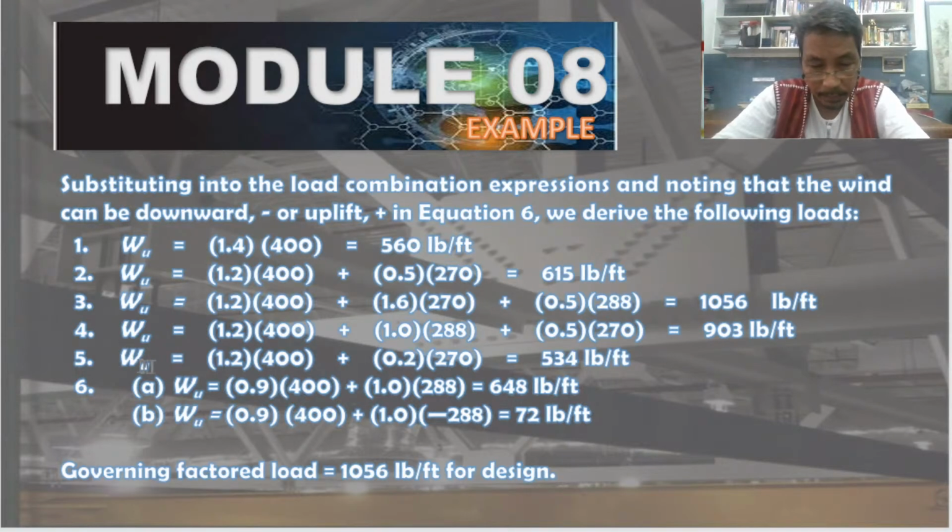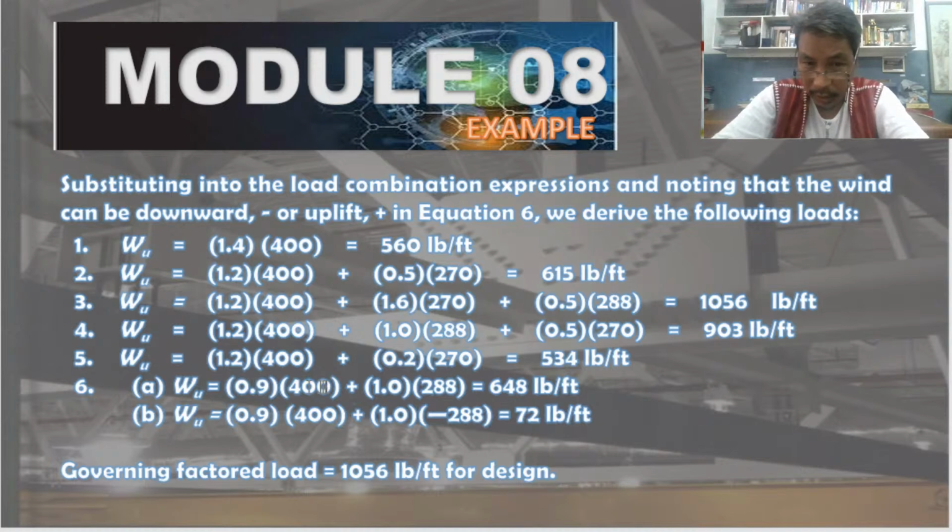Now, equation number 5, 1.2 the dead load plus 0.2 group live load is equal to 534 pounds per foot. And number 6, we have the equation for wind.